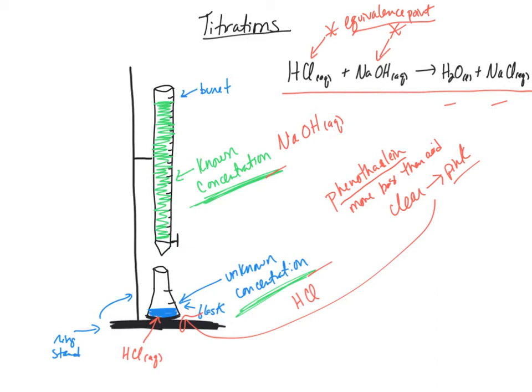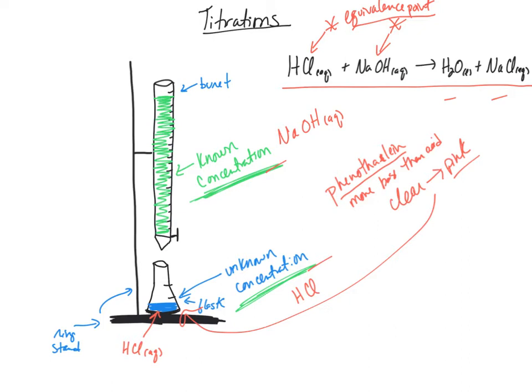So you start with your burette rather full, and you mark down what the actual reading is up here. Honestly, it doesn't matter that you start at 0, because you're basically just trying to get a relatively full burette. And this little guy over here is called the stopcock.